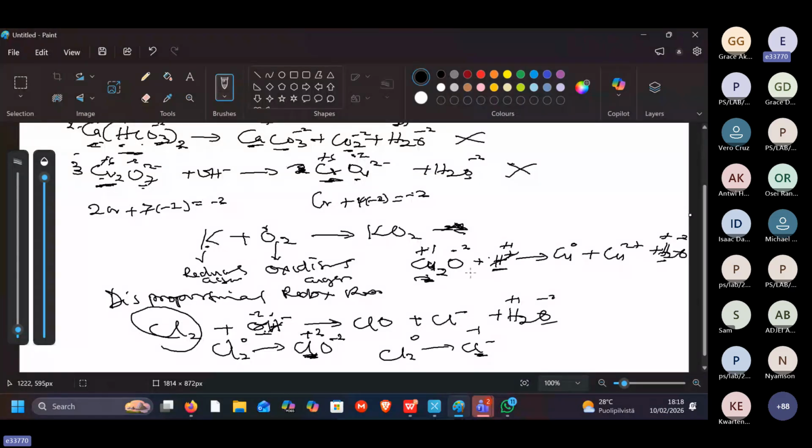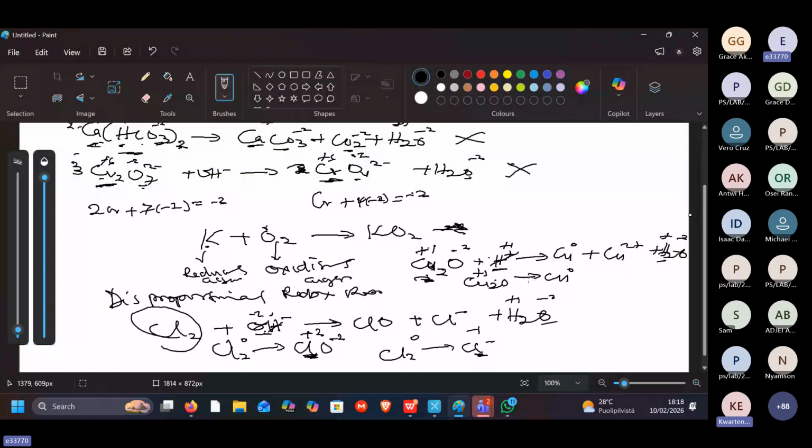When it crosses to the other side, it's still +1, so the hydrogen is out. Now look at this species, copper(I) oxide, moving to copper 0. Here it is +1, but here it is 0. What has happened? It has gained electrons.